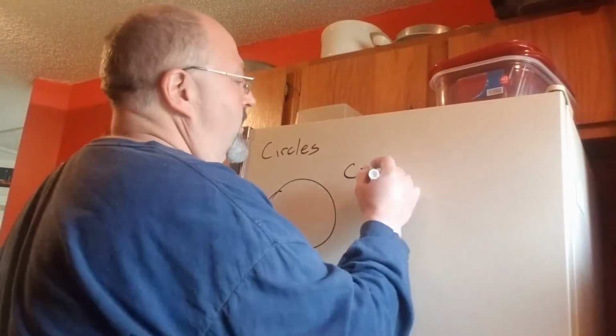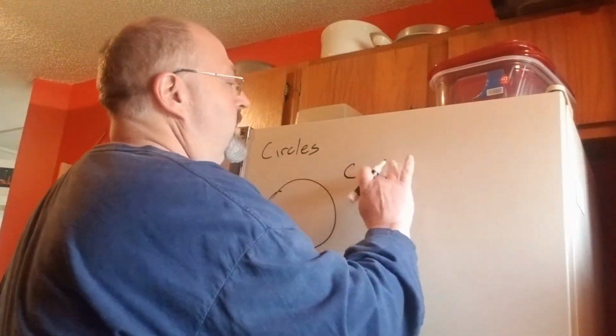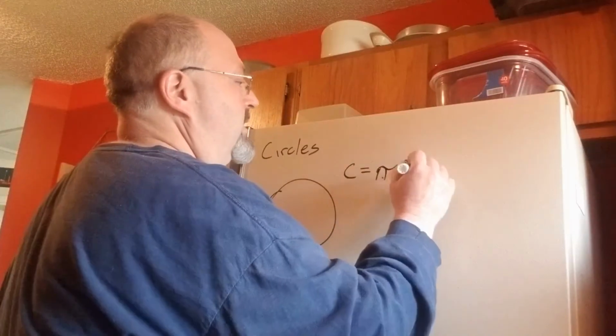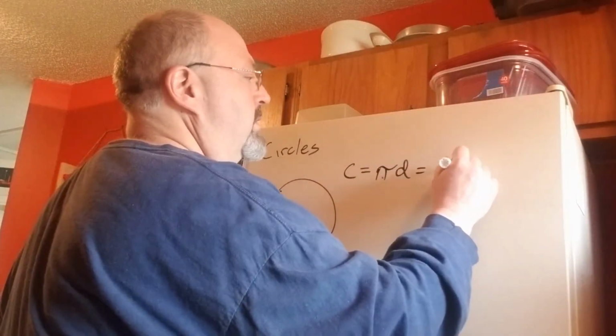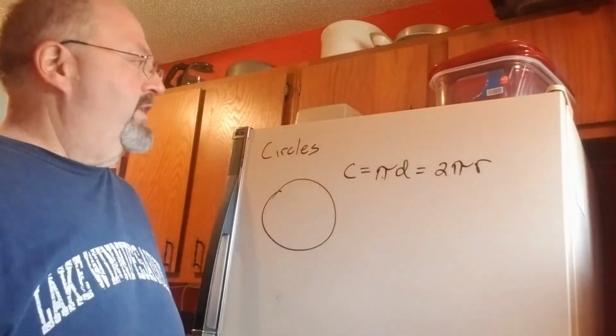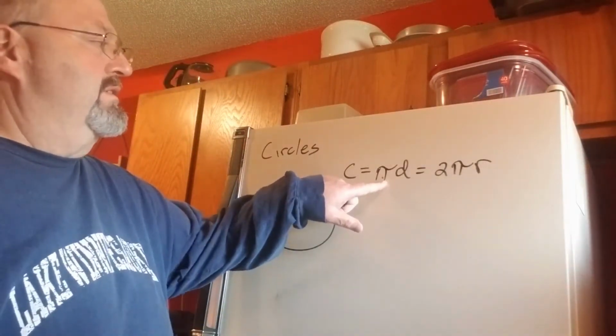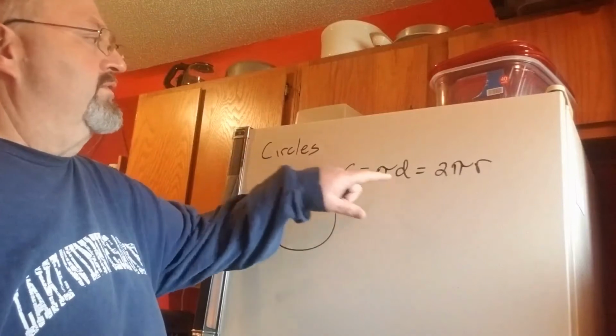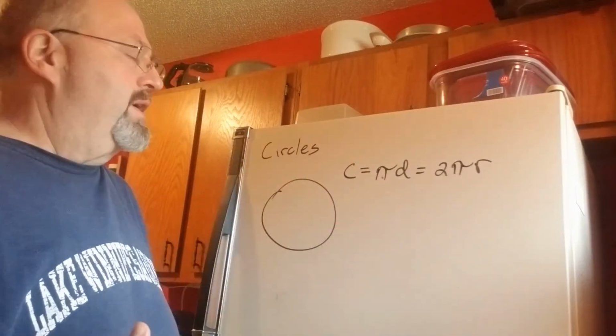If not, I can go ahead and tell you. It is either pi times diameter or 2 pi r. Fun fact, pi is actually defined as the ratio of the circumference over the diameter. That's how they came up with pi.